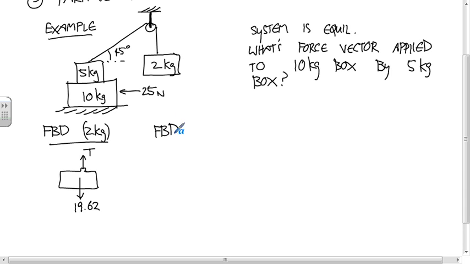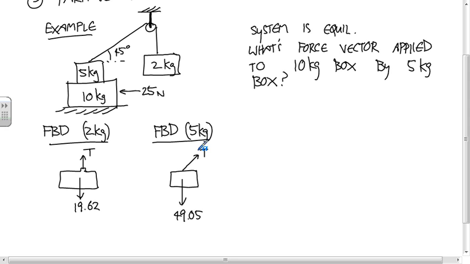Then a free body diagram of the 5 kilogram box. There's the weight of 49.05. And where else are there forces? Yep, that tension going this way. That's right. And you can break it up into friction or normal force.